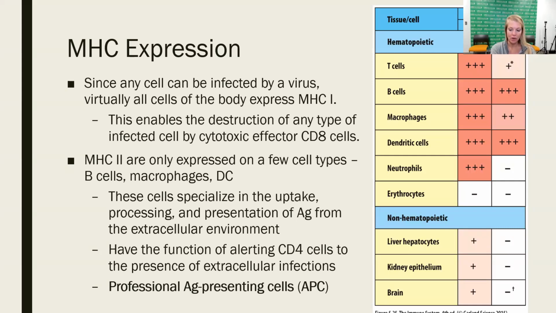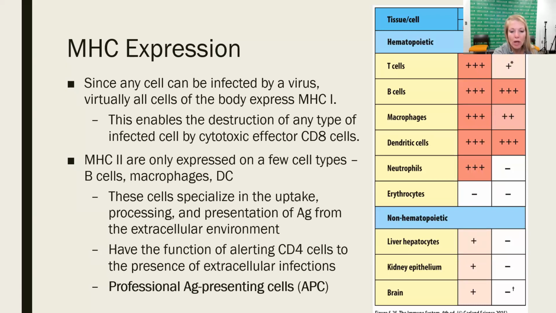MHC class 1s are going to be expressed on virtually any cell, because any cell can be infected by a virus. This enables any type of cell infected by a virus to be killed by a CD8 positive T cell, or an effector T cell, or a cytotoxic lymphocyte, or whatever name you want to call it.